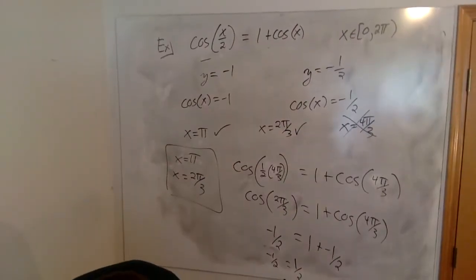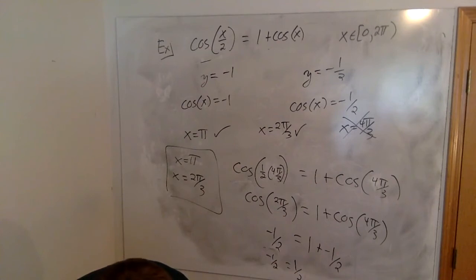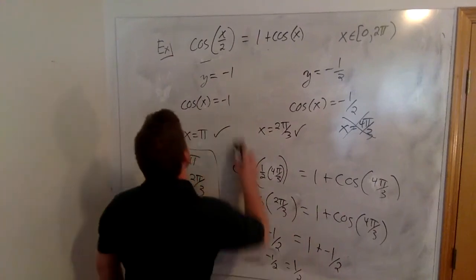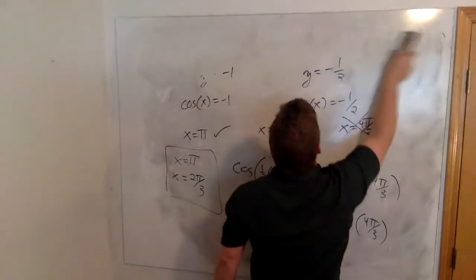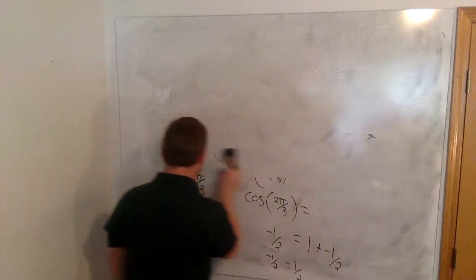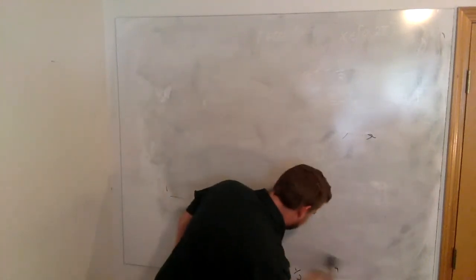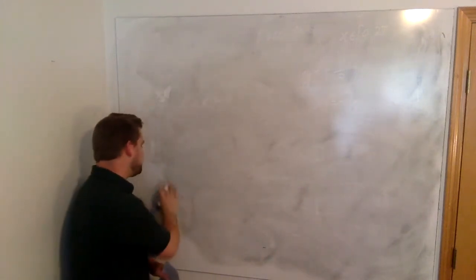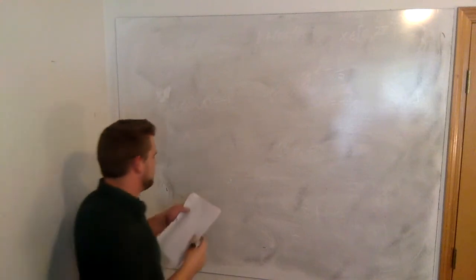Let's do one more flavor of problem that you might see. Go ahead and erase what I have here. Okay, I just want to show you some problems that have some tricky factoring to them.